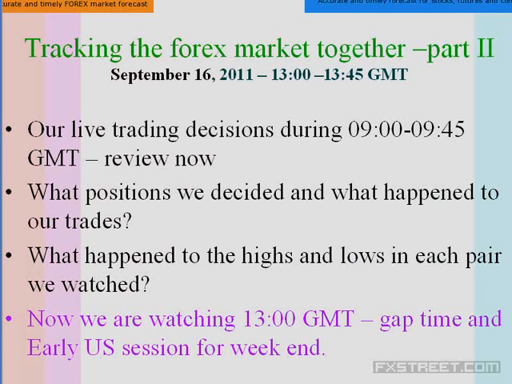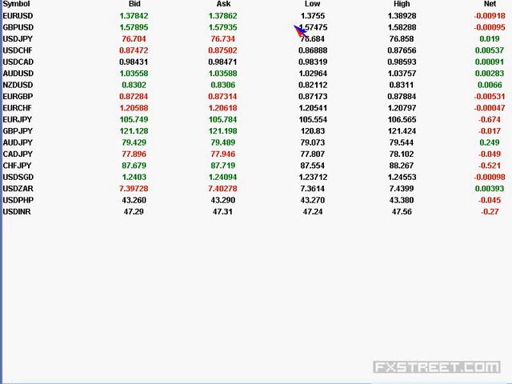Now coming to this particular session, we have just observed the trade I took in the earlier session. So let me go back to the live market code page.